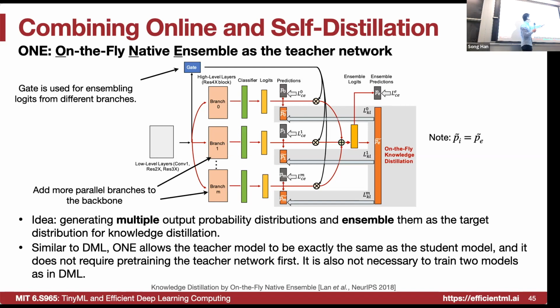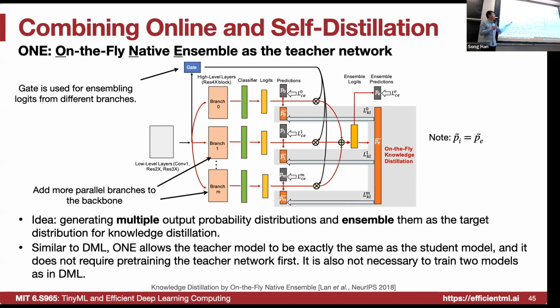So we're using the prediction results of each other to ensemble together, say we can average and get the mean of them to get this on the fly knowledge distillation. And we use this mean to supervise each prediction individually. Here we are adding more parallel branches to the backbone.